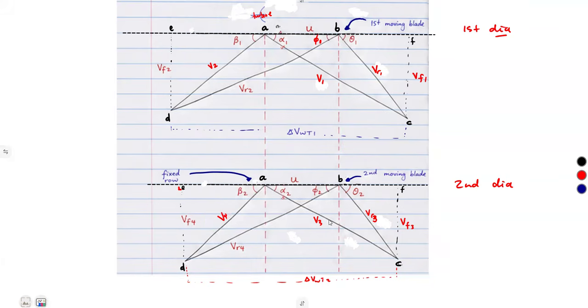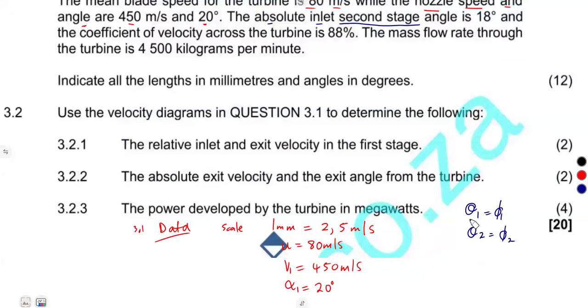In our case, they said absolute inlet, so angle alpha 2 is what we are going to consider since we are given it for the inlet. That second stage angle is given as 18 degrees. And the coefficient of velocity across the turbine as a percentage, we can have as a decimal, divide by 100, 0.88.